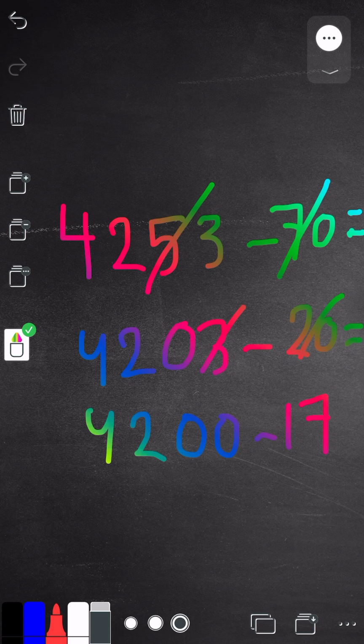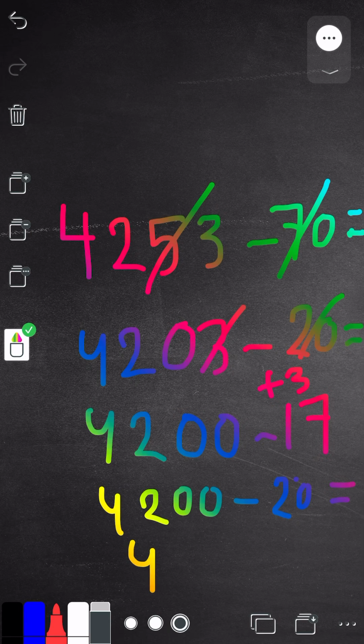Or let's say we can also make the 17 become 20 by adding 3. So 4,200 minus 20 equals 4,180.